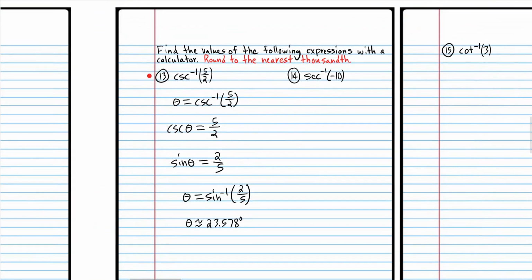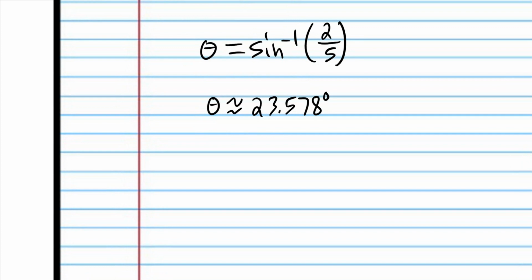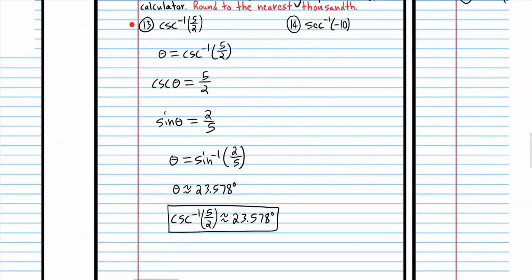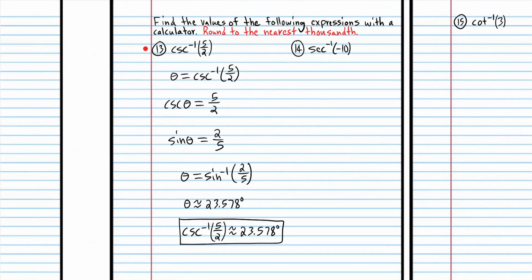So it tells us here to round to the nearest thousandth. So cosecant inverse of 5/2 is approximately equal to 23.578 degrees. So there you go.